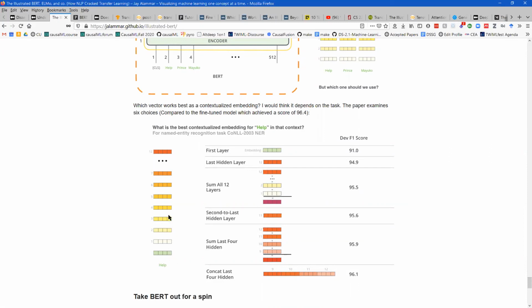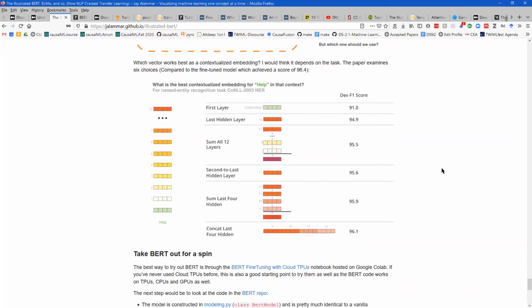So there are 12 layers plus the original embedding, just like in ELMo, where there were 2 LSTM layers plus the original word embedding. So he shows, I guess here, different ways of combining the last 4 hidden layers.